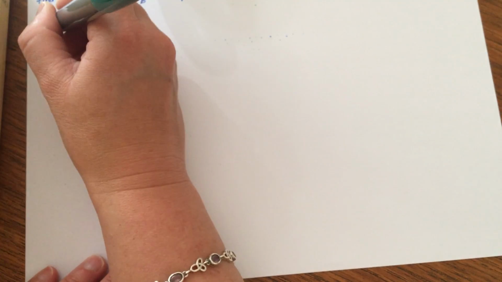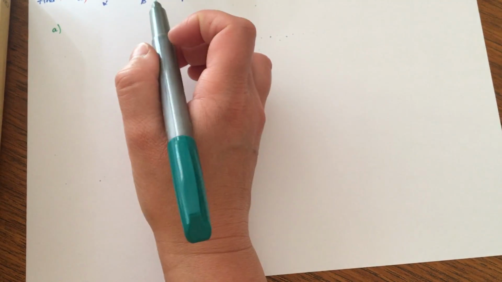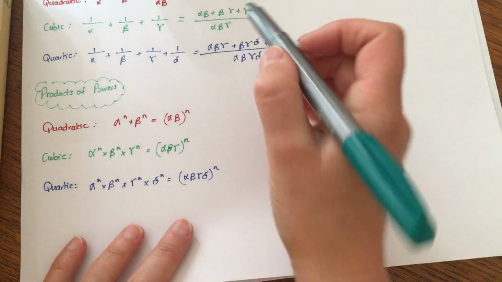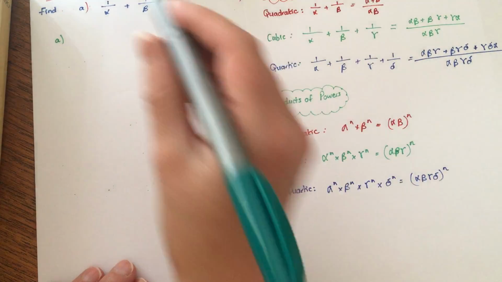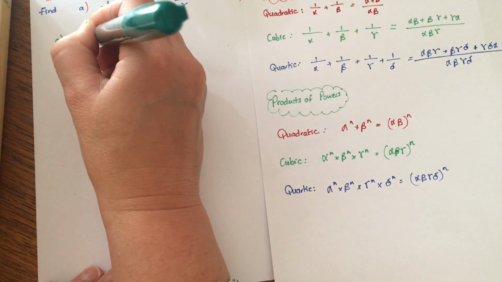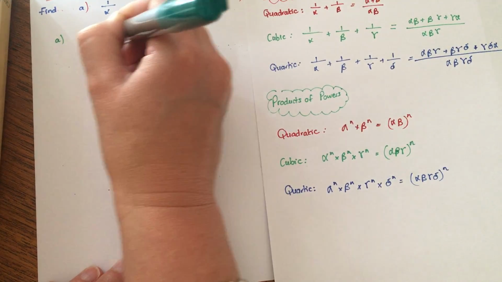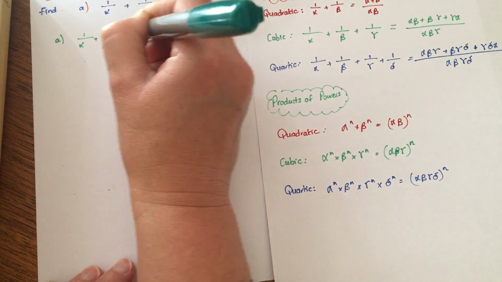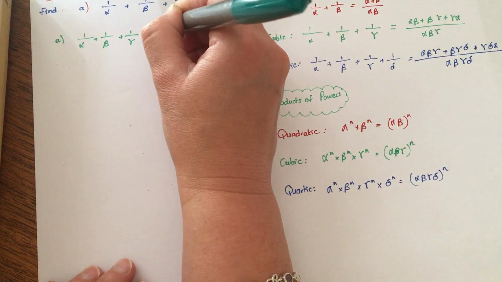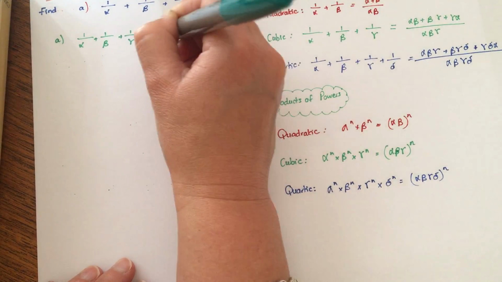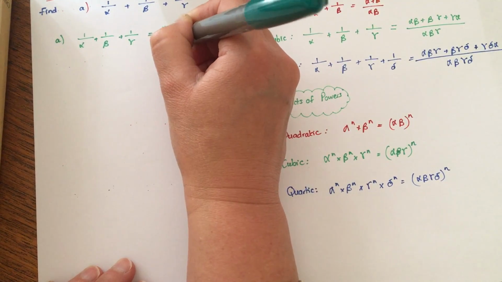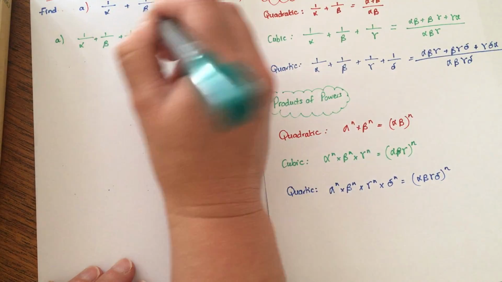So if we looked at A, this is the reciprocals. So we can go back to the rule that we know. We know that the rule for the reciprocals is this over this. So I know that 1 over alpha plus 1 over beta plus 1 over gamma is alpha beta plus beta gamma plus gamma alpha over alpha beta gamma.